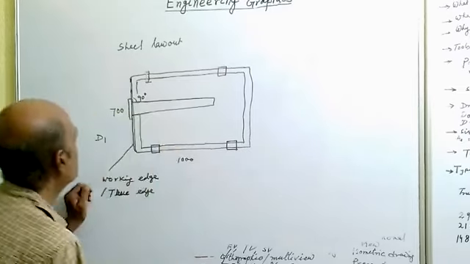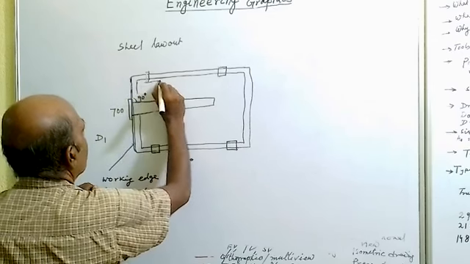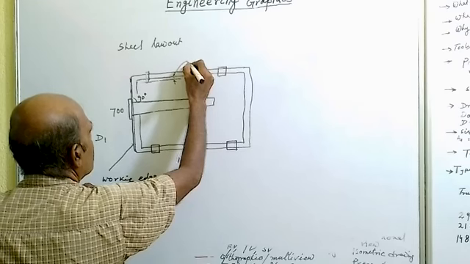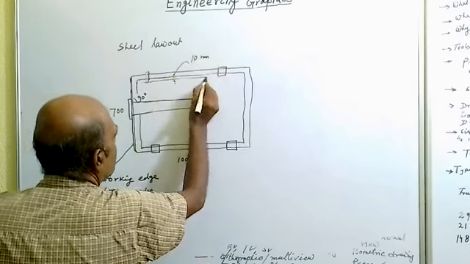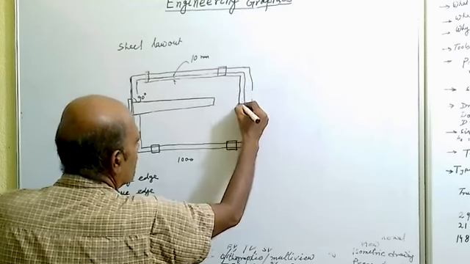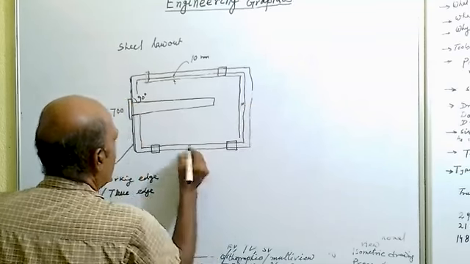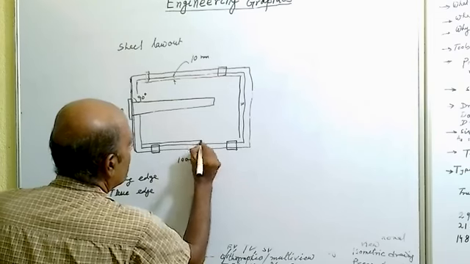Now draw a horizontal line by leaving some gap. That gap we are considering 10 millimeter, and that is called the margin. So from all 3 sides, we will leave 10 millimeter, and also from bottom side, leave 10 millimeter.